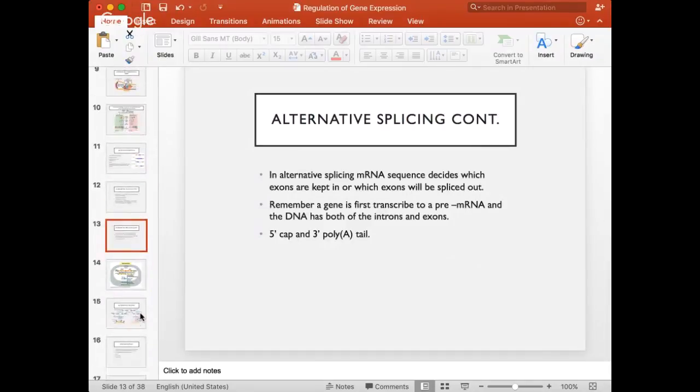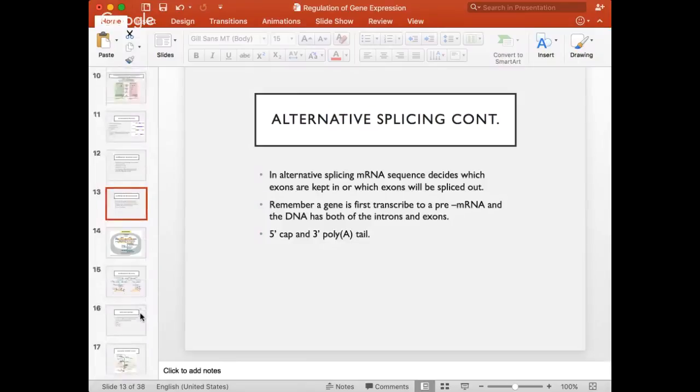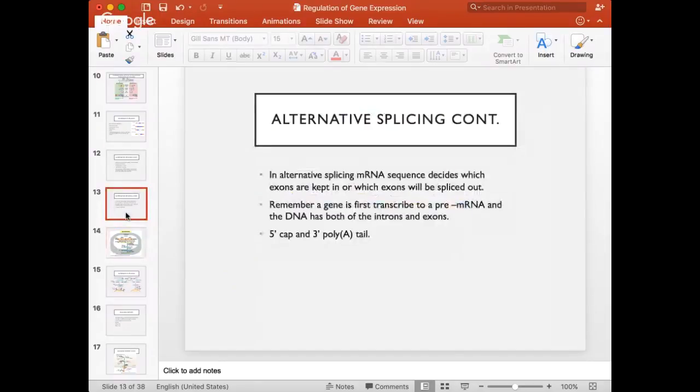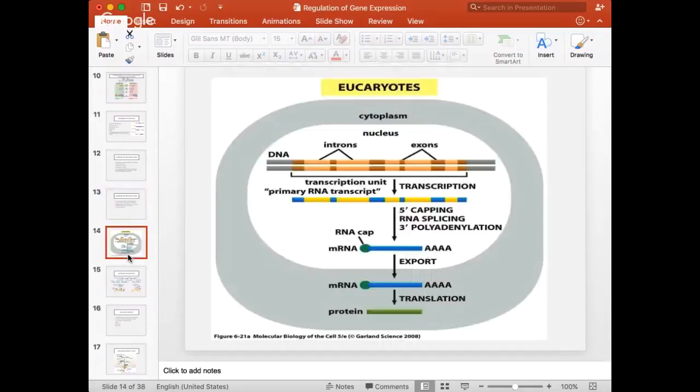Remember, a gene is first transcribed into pre-mRNA from DNA, and they both have introns and exons. So at the bottom, you see we have the 5' cap and the 3' poly A tail. In this figure, I'm going to explain why the 5' cap and 3' poly A tail are important.